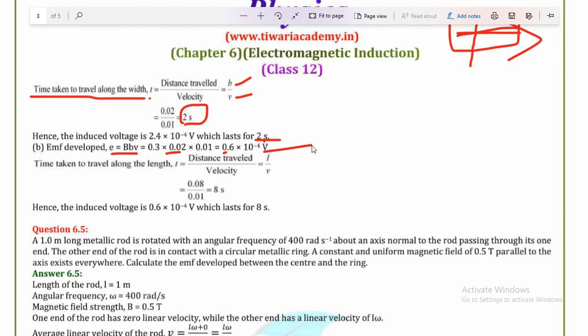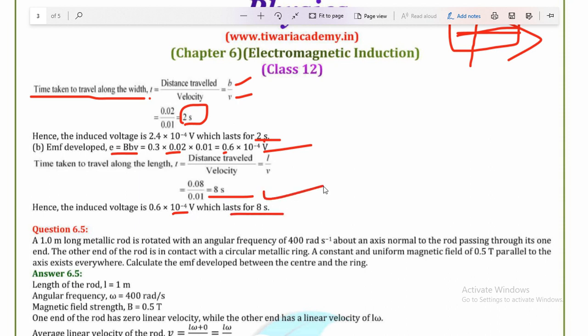But in this case it takes more time, because the length of the rectangular loop is quite large. The distance traveled upon velocity: distance in this case is the length of the loop, so it is 0.08 by 0.01, that is 8 seconds. Hence in this case the induced voltage is 0.6 × 10^-4 volt, and it lasts for 8 seconds.